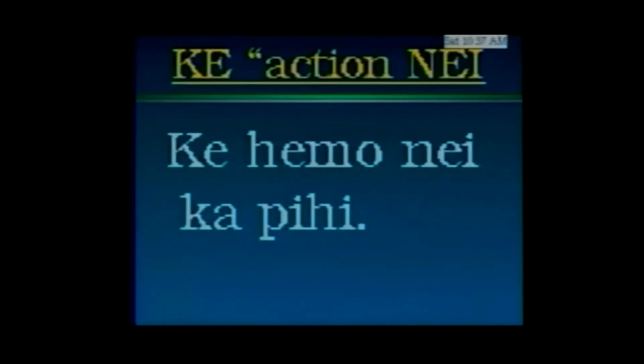Yes. I put this one in so that we know what not to say. Ke hemo nei kapihi. So this word hemo means to have been removed, to have been taken off, okay? Hemo is a stative word, and so it tells you how something is, the condition of something.